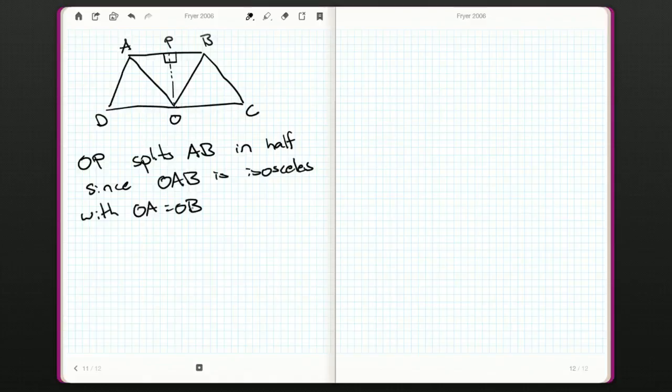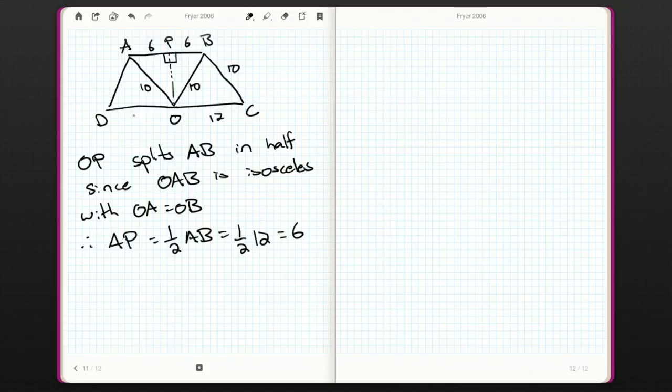So since OA is equal to OB, that means that the altitude for the other side, AB, splits AB in half. So then AP is going to be 1/2 of AB, which is 1/2 of 12, which is 6. We have 6 here, we have 10s here. This one will also be a 6, 12, 12, and here's another 10.